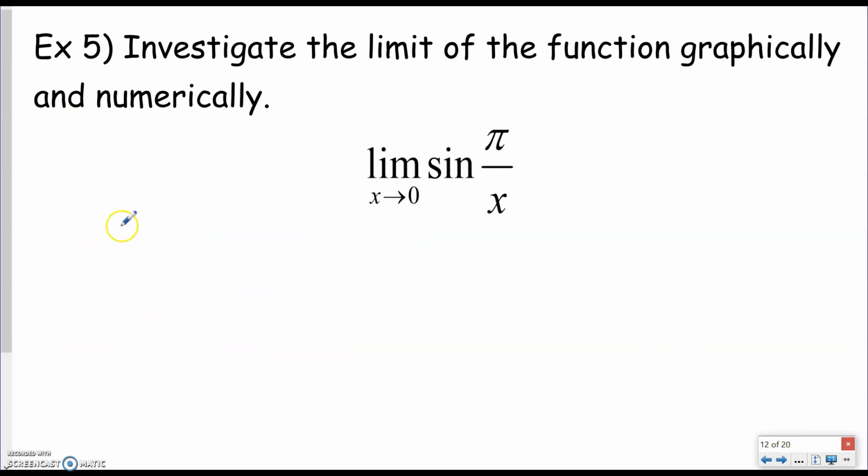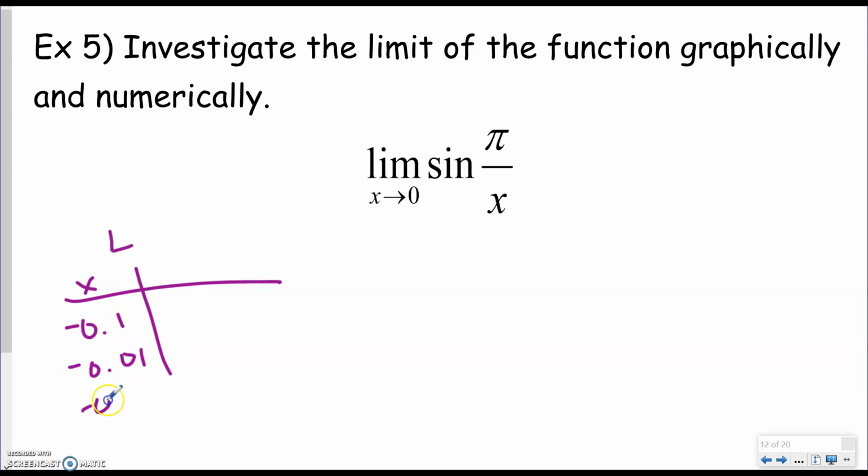Okay, next one, investigating graphically and numerically. Let's go ahead and do numerically at first. So when I look at the left side, as x gets closer and closer to 0 from the left side, I'm going to do negative 0.1, negative 0.01, and negative 0.001.